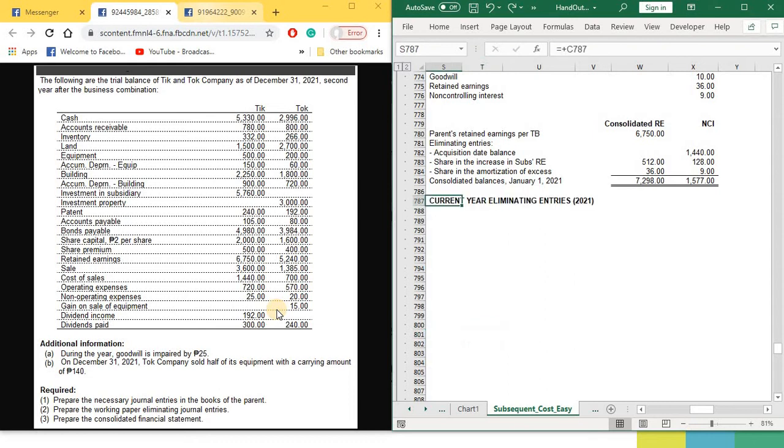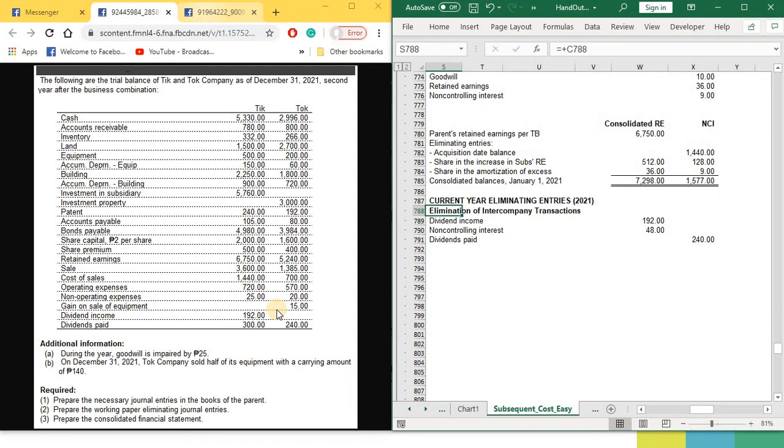So let's start with elimination of intercompany transactions. So the debit will be to eliminate the dividend income. So dividend income is debited for 192 pesos and dividends paid is credited for 240 pesos. And the difference is 48 pesos, which will be debited to non-controlling interest. Again, this non-controlling interest is the portion of the subsidiary's shareholders' equity that is attributable to the 20%.